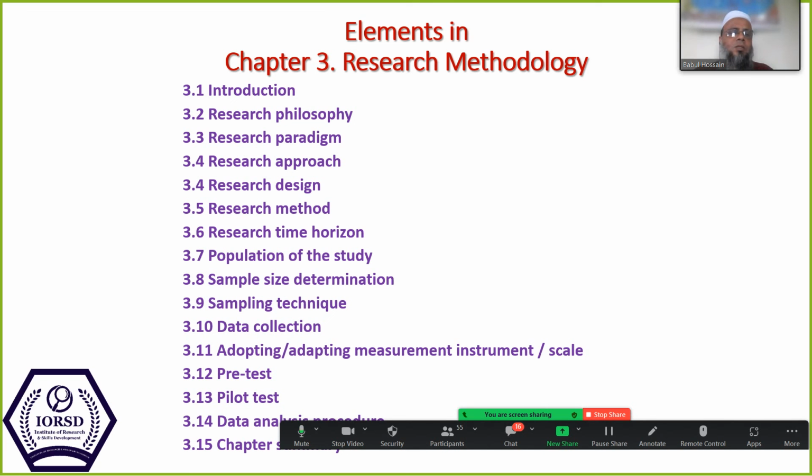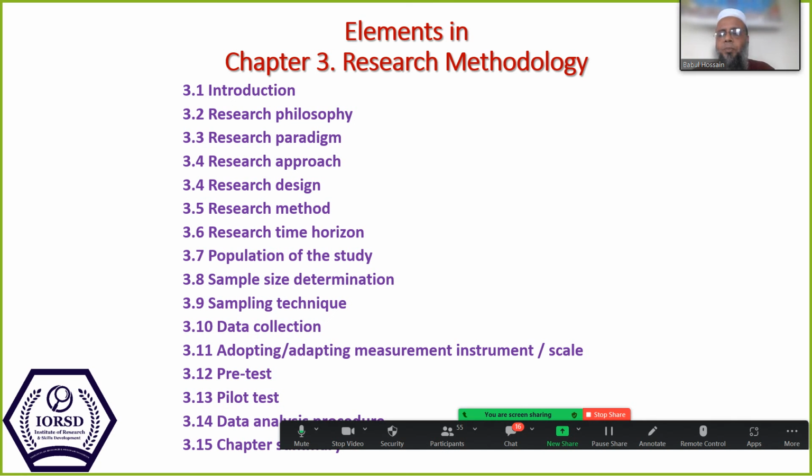And adapting measurement instrument means the researcher takes the instrument from previous literature and modifies it as per his own requirements and own context, a little bit of changes, not much changing in the statements. So that is called adopting and adapting.